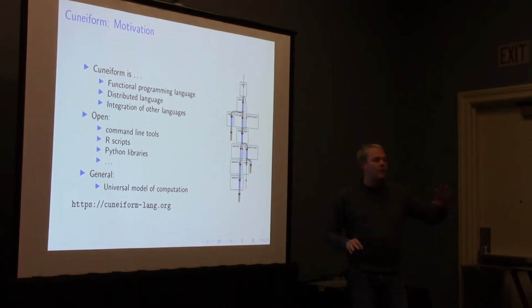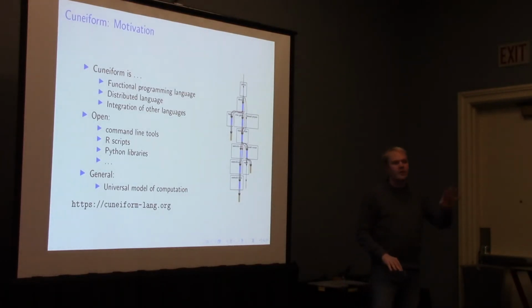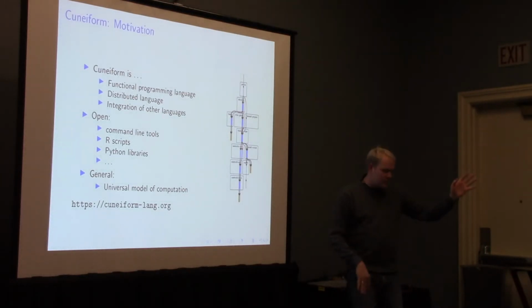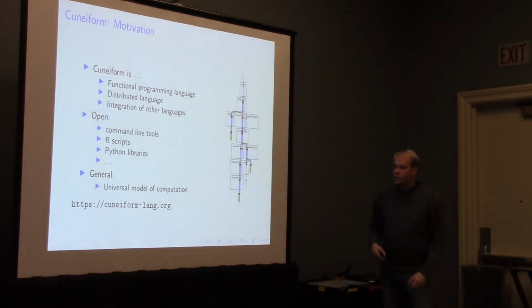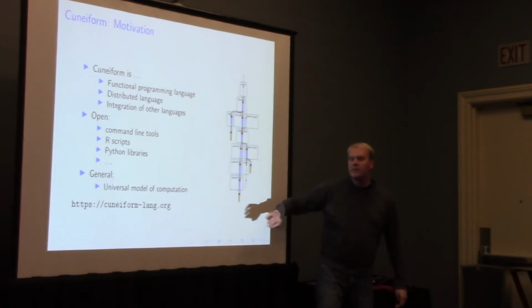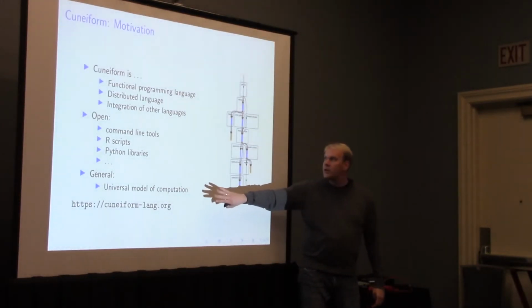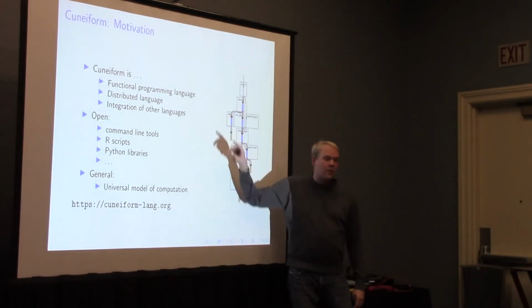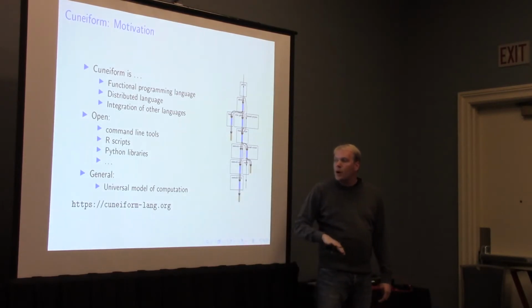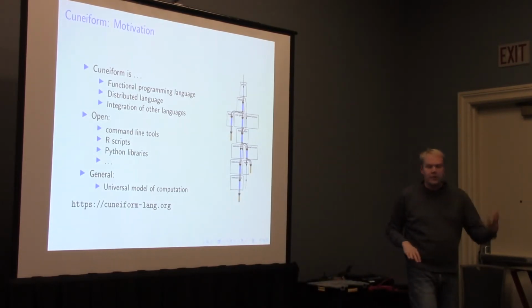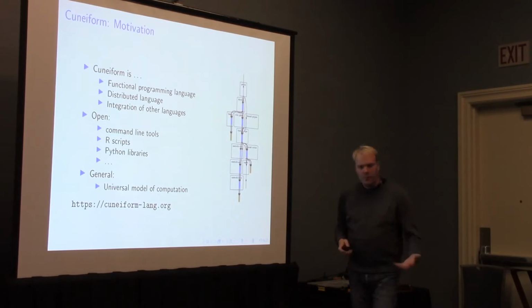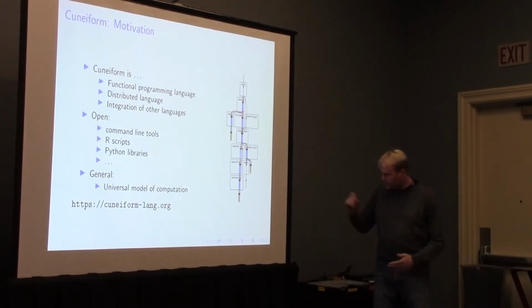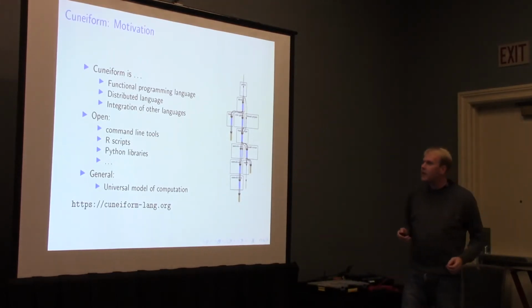Whenever you're defining a function, you can say, okay, I want this function to be in bash, and then you call the command line tool. Or I want this function to be in R, then you use your favorite R library. So it's very integrating. That makes it open. And since the lambda calculus, which underlies functional programming, is a universal model of computation, it's also general. So it's an open and general programming language that parallelizes.